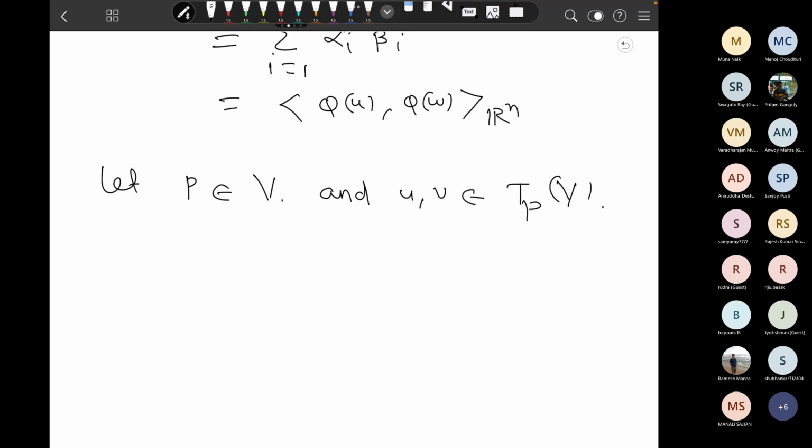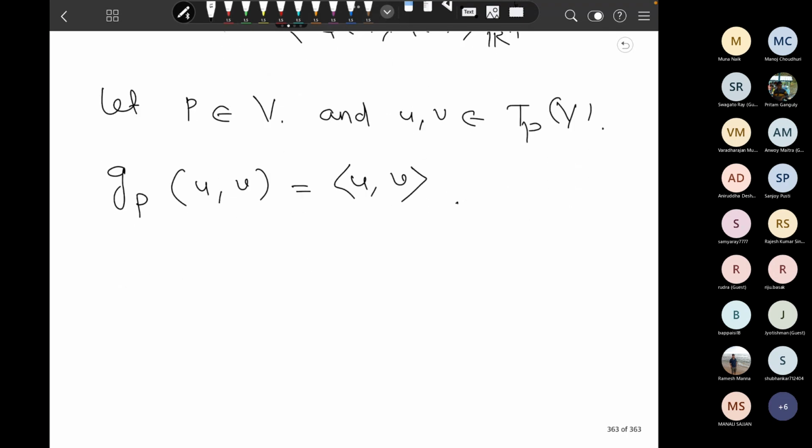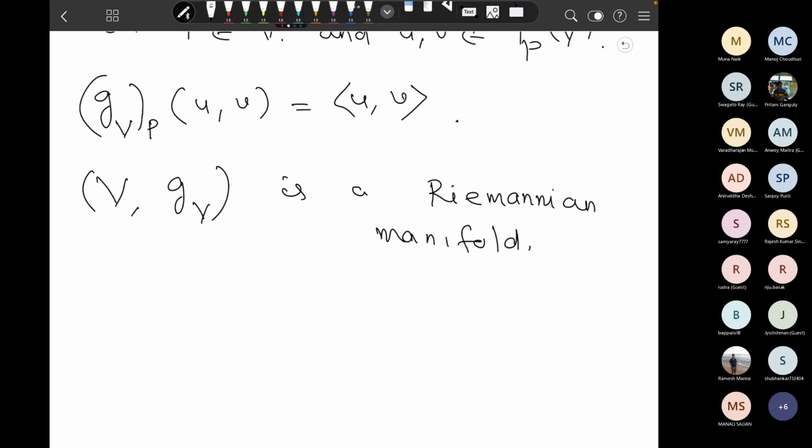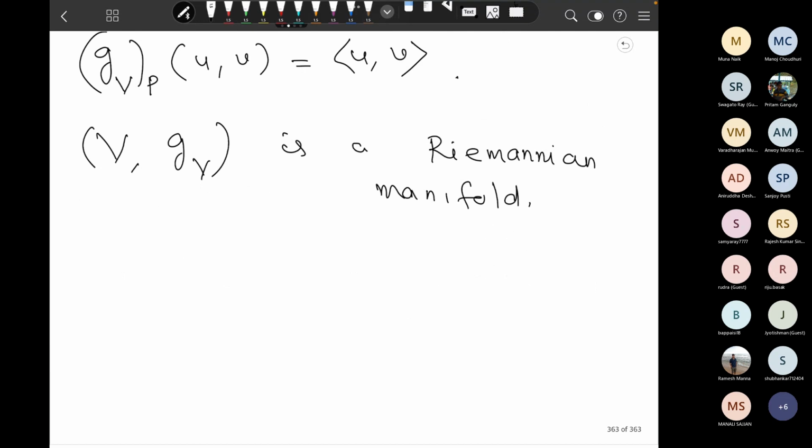So you define a Riemannian metric at the point P. This GP of U, V is the inner product of U, V. Let us call this GV, the Riemannian metric on V. I told you that V, GV is a Riemannian manifold. That is clear. But that is isometric to Rn. That was the issue. Why is that isometric to Rn?